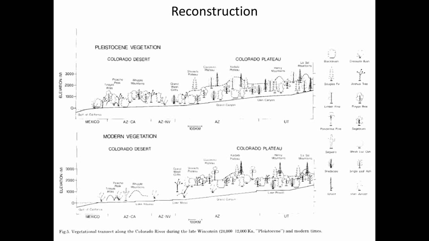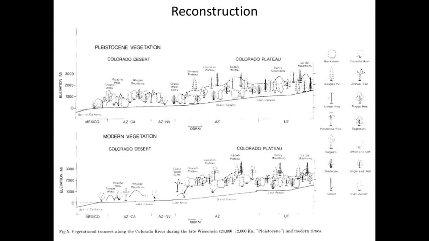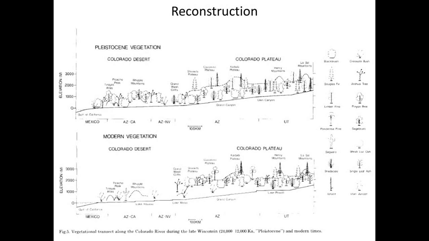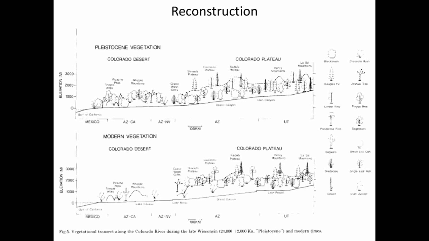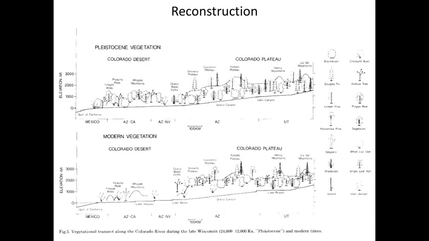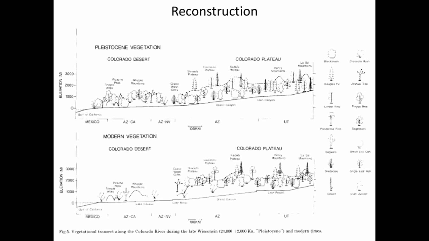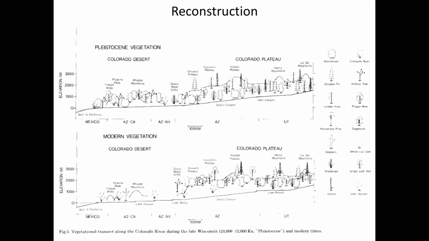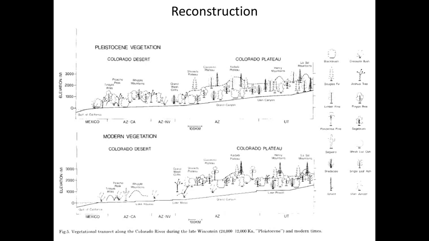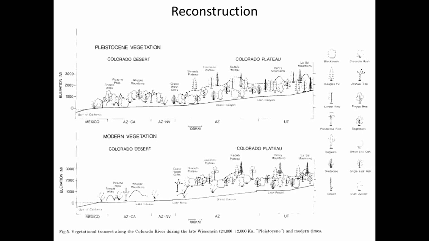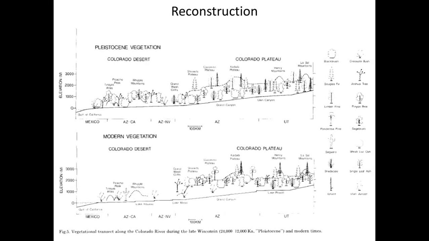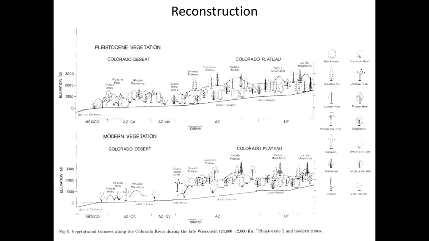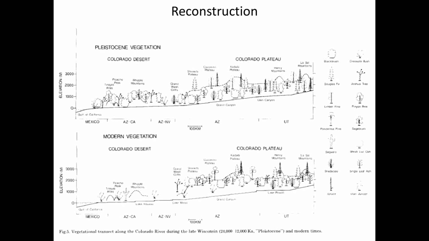So this figure is hard to see. I apologize for that. But what you can take from this is you have the Pleistocene vegetation in the top graph, and modern vegetation in the lower graph. And it's all along an elevational gradient. It shows, if you look on the x-axis, where you would find them, from Mexico all the way to Utah. And if you look at the Pleistocene vegetation, there were a lot more tree species at the lower elevations.